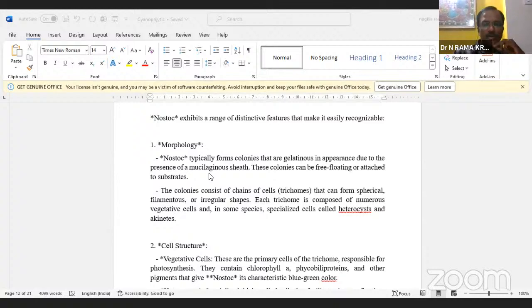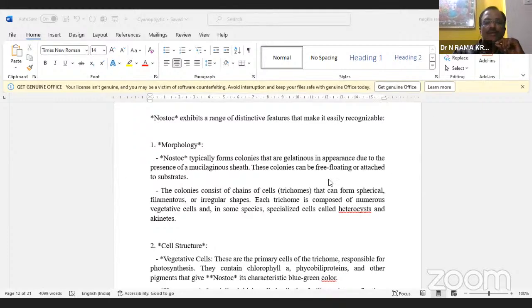Some species of nostoc are endophytes. A very common species is Nostoc commune. What is the vegetative structure of nostoc? Each trichome has its own mucilaginous sheath, and it is known as a filament.